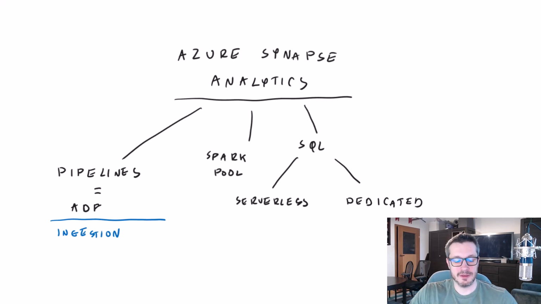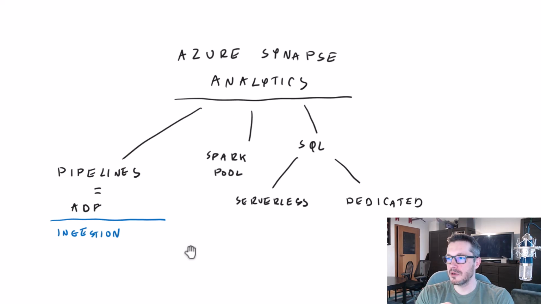On the other hand, the dedicated flavor is a good old heavy data warehouse, which uses the massively parallel processing concept to process data in case we've got huge amounts of it. Each of those components will be covered by me in separate episodes. Today, let's just focus on pipelines.